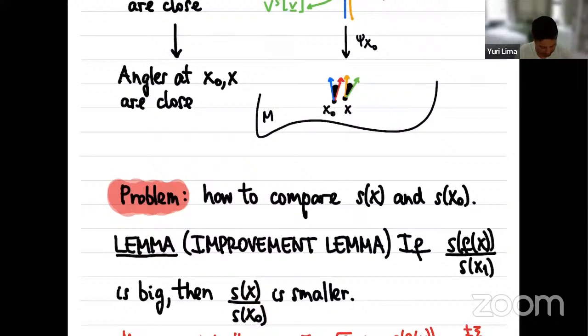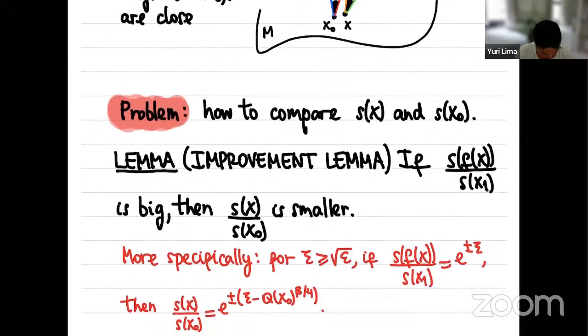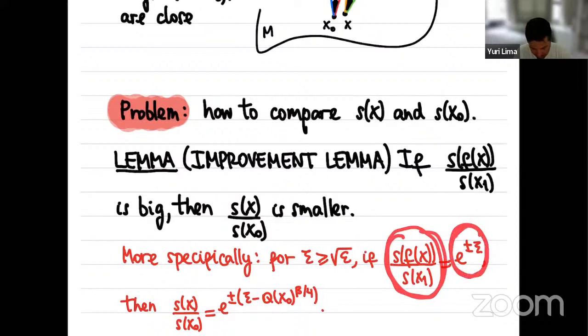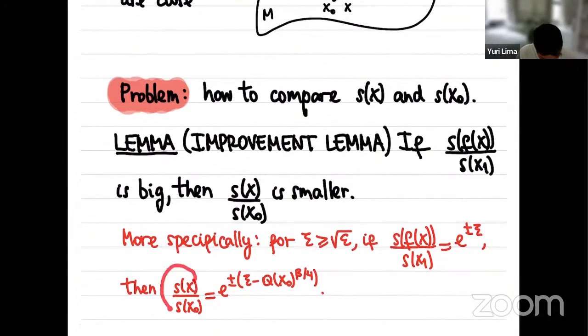More specifically, if you get a threshold of how big it is, so you fix some square root of epsilon, and if this ratio is of this order, e to the minus plus or minus square root of epsilon, then certainly S of x over S of x0 becomes inside a smaller interval.